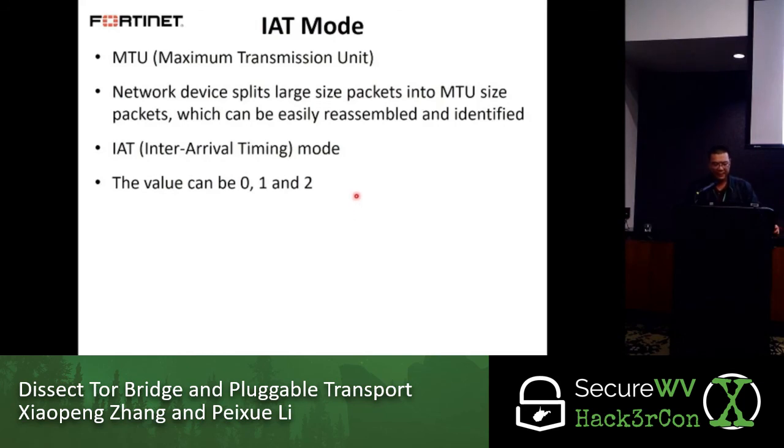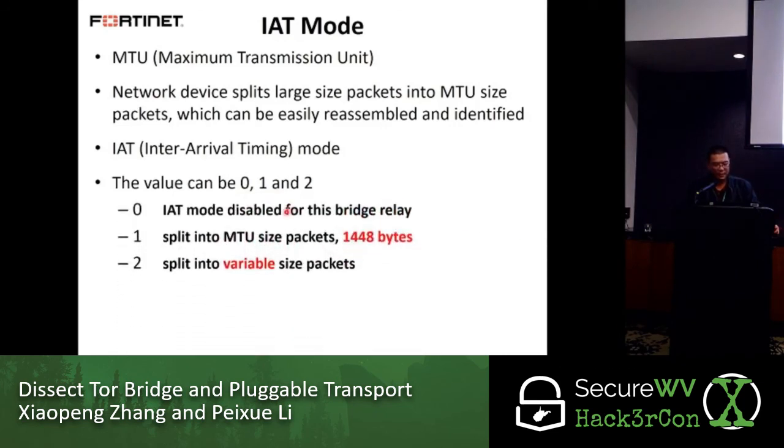It can split large packets before sending them to the server. IAT mode is set in each bridge configuration line. The value of it can be 0, 1, and 2. 0 means IAT mode is disabled on this bridge relay. 1 means splitting large packets into MTU size packets instead of being split by the network driver. Here the MTU size for the OBFS4 bridge is 1448 bytes.